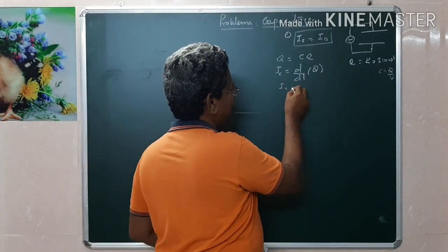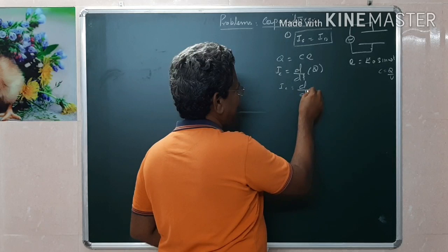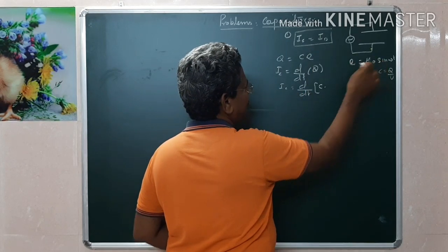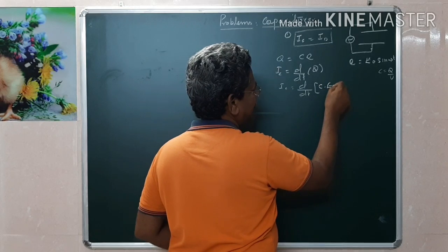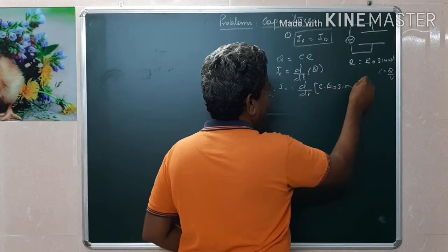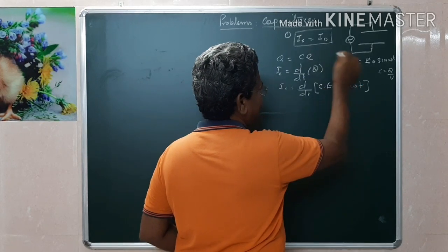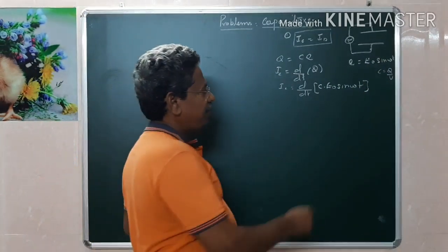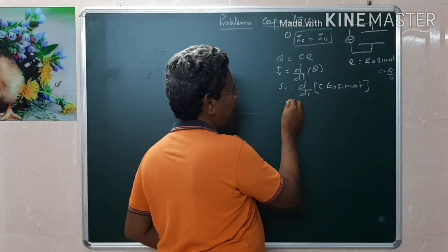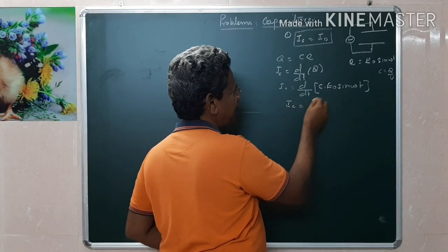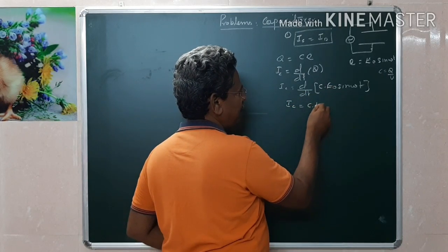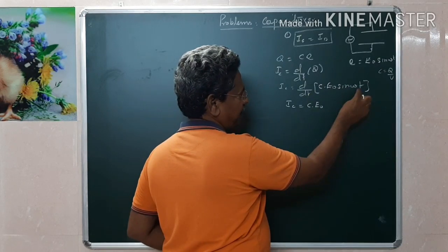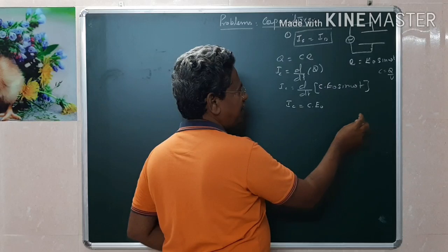Therefore, IC is equal to d by dt of Q, which is equal to C times E, and E is equal to E0 sin omega t. I hope you understand. Instead of E, I am writing E0 sin omega t. During differentiation, any constant can be taken outside. Here C is a constant, E0 is a constant, and sin omega t is a function of t, so it can be differentiated.